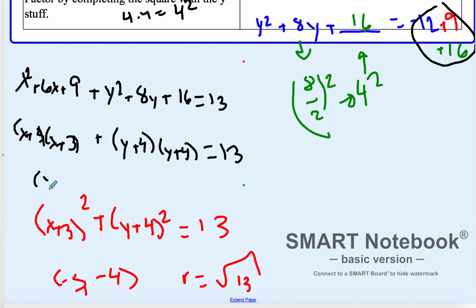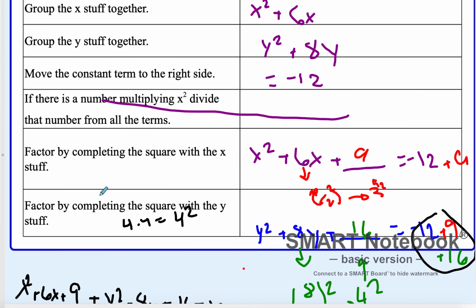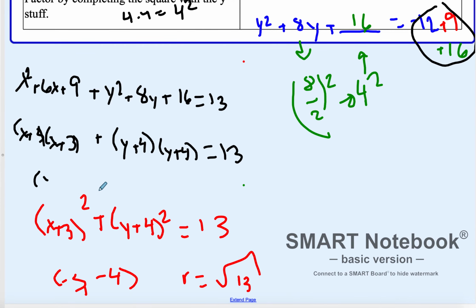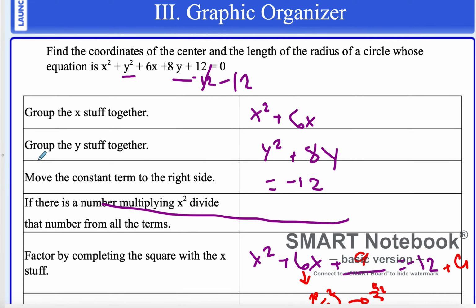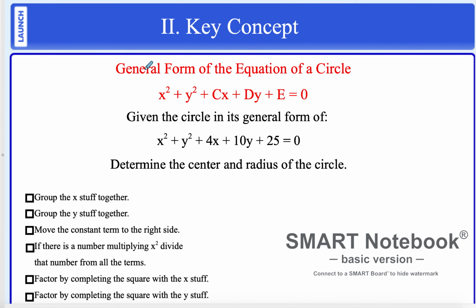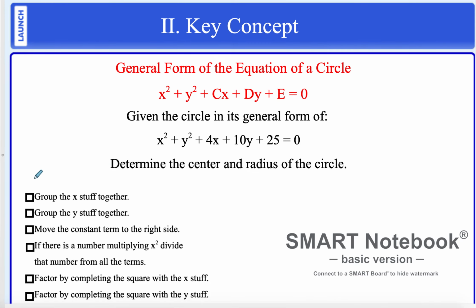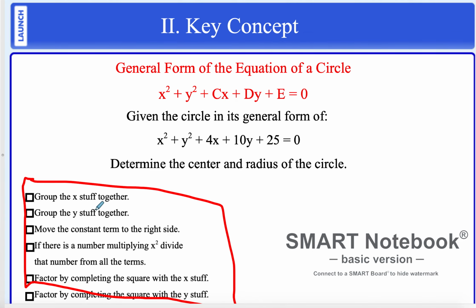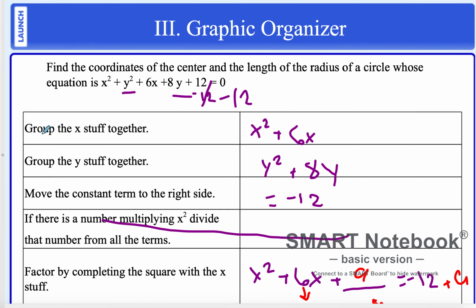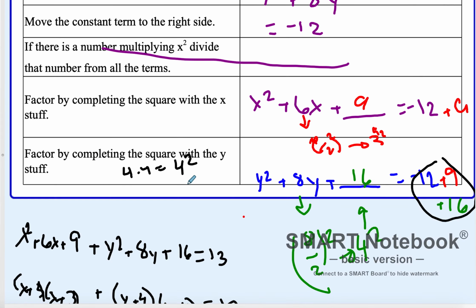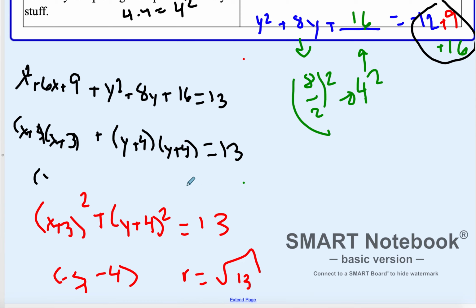And that's how you factor by completing the square within this equation of a circle. So again, this is the general form for the equation of a circle. If you follow this checklist, you're going to be fine. Group the x stuff together, group the y stuff together, move the constant to the right side, and then factor by completing the square for each of those parts, which is an Algebra 1 skill which you guys can do.